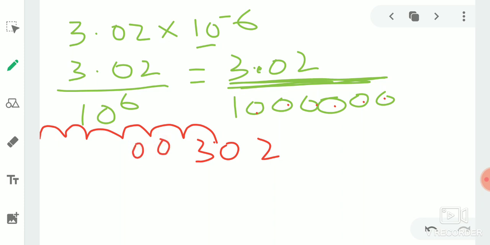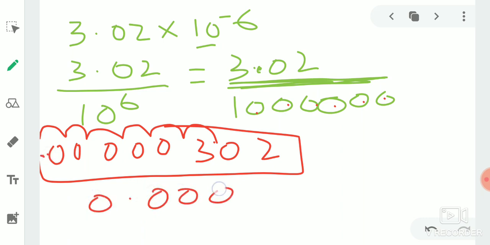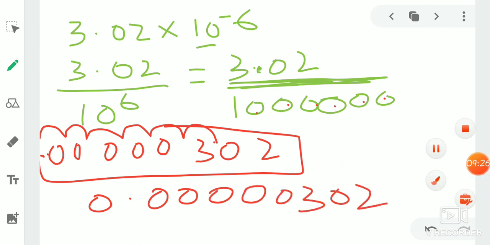This would be the usual form of this, which I can write as 0.000000302. I hope you have understood all this.